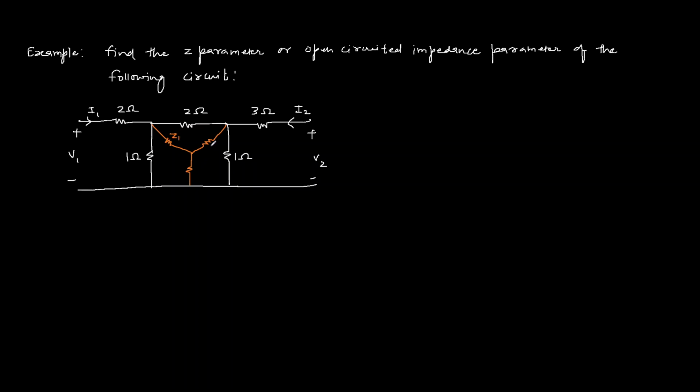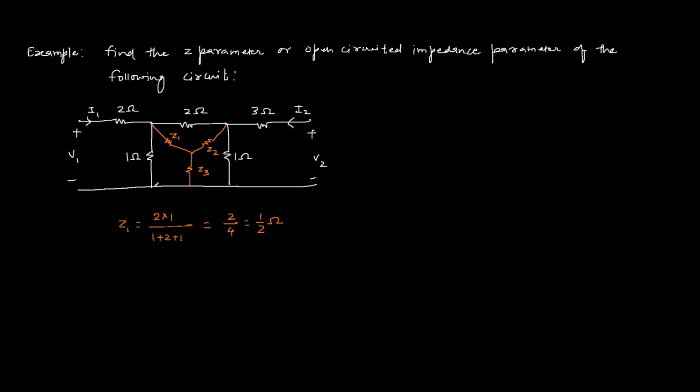The impedances are Z1, Z2, and Z3, or simply resistances. So Z1 is simply 2 into 1 over the sum of all three resistances, 1 plus 2 plus 1. So it is basically 2 over 4 or 1/2. Z1 is 1/2.